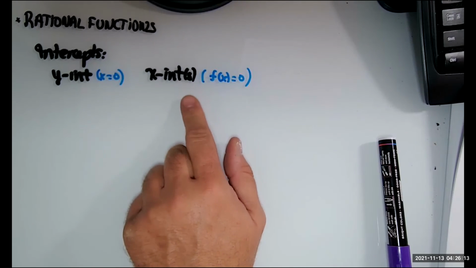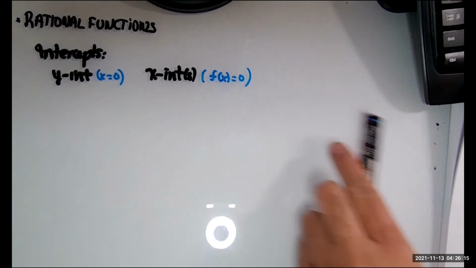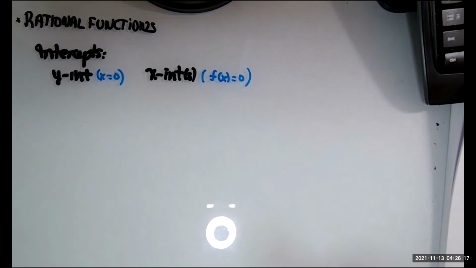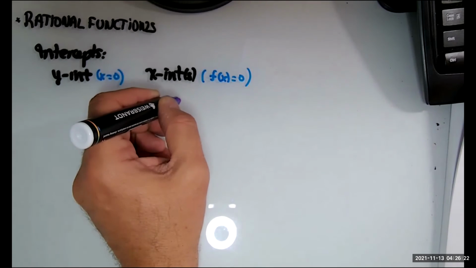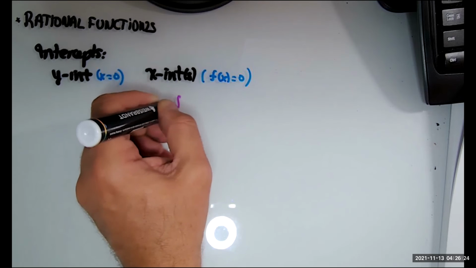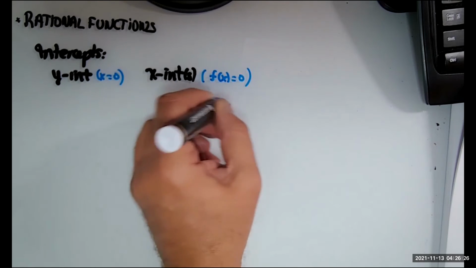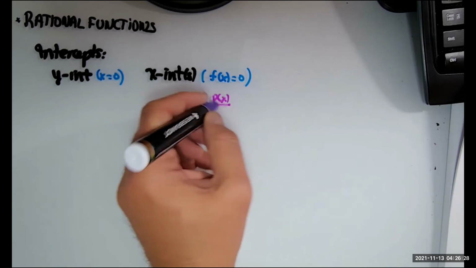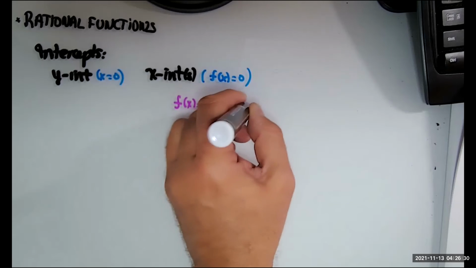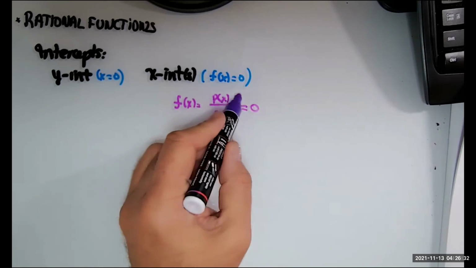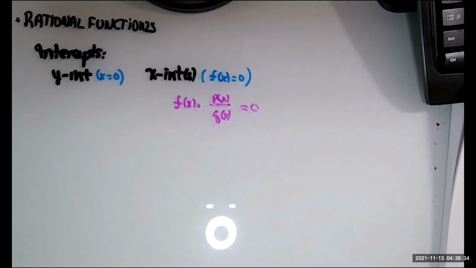Now, to find the x-intercept, we will have to make the function equal 0. But remember, the function is a rational function. The only way that the function f of x equals p of x over q of x equals 0 is when the numerator equals 0.